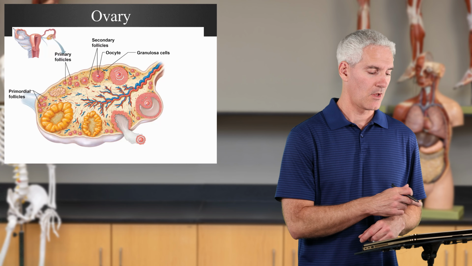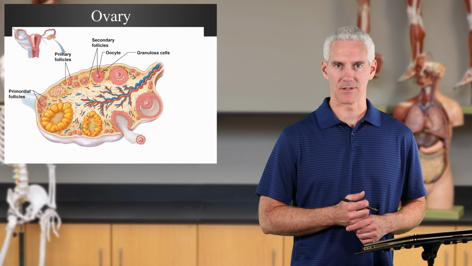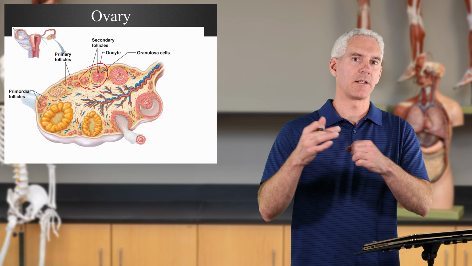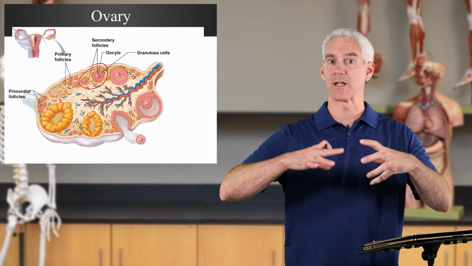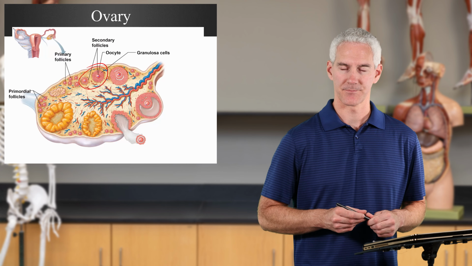From the primary, we go to the secondary follicles. You'll notice in the secondary now, they're gaining extra layers, more layers of granulosa cells. They're maturing, they're getting larger. So that's the secondary follicles. The late secondary follicles, remember we said, have that fluid-filled antrum starting. You can see right here, that is the start of a fluid-filled antrum.